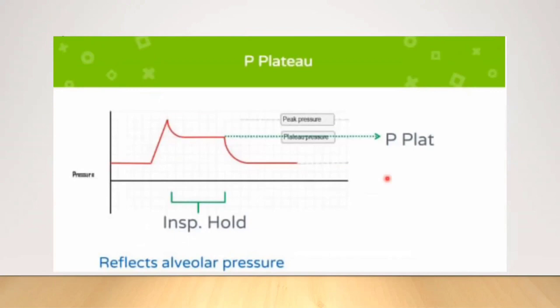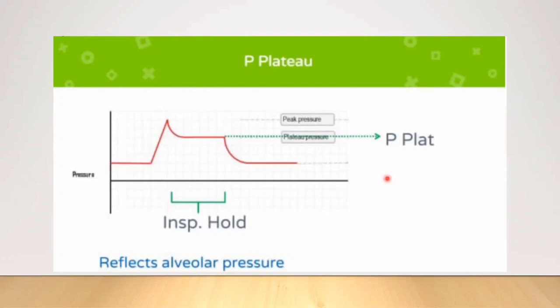So mean airway pressure is different from mean alveolar pressure. So when you give an inspiratory hold, mean airway pressure equalizes with the mean alveolar pressure. Then there is no flow, all the flow in the airway goes into the alveoli. That is the plateau pressure. The pressure is mean alveolar pressure.